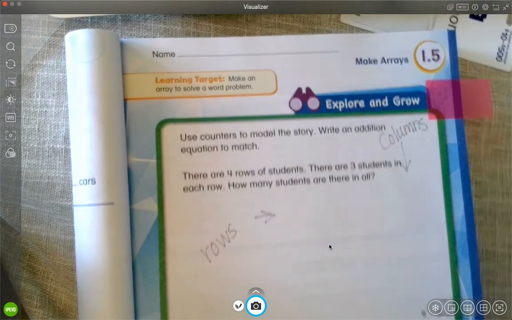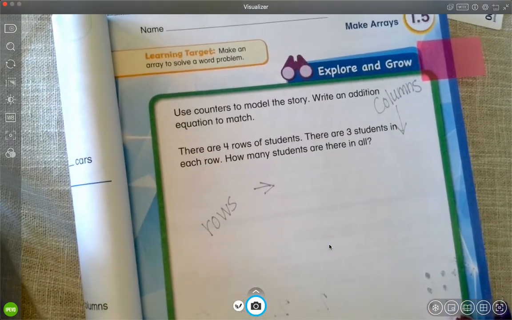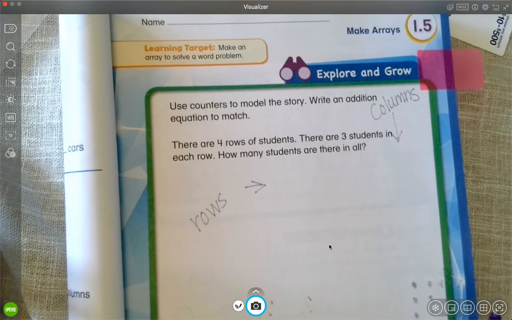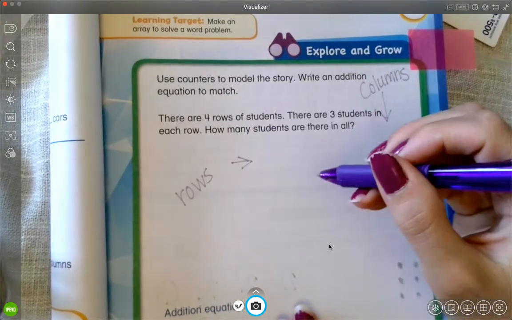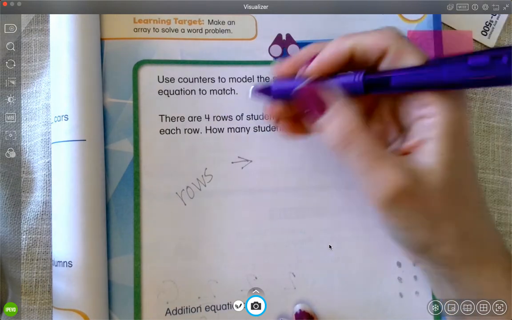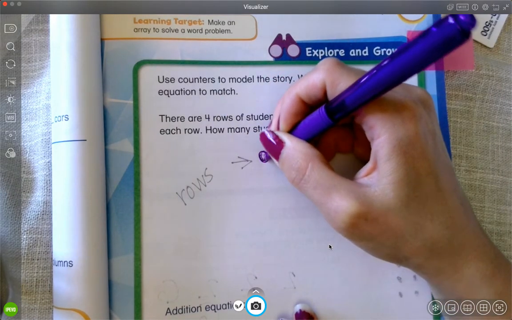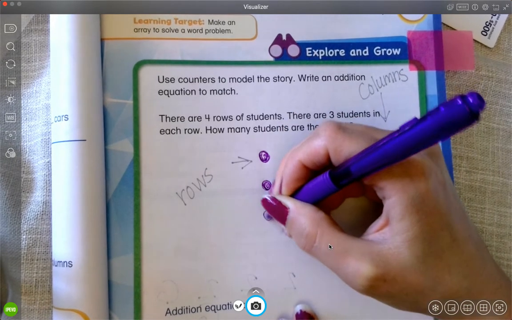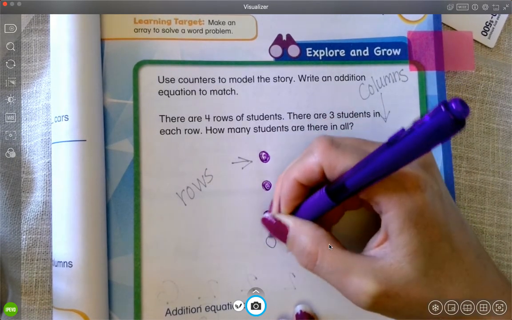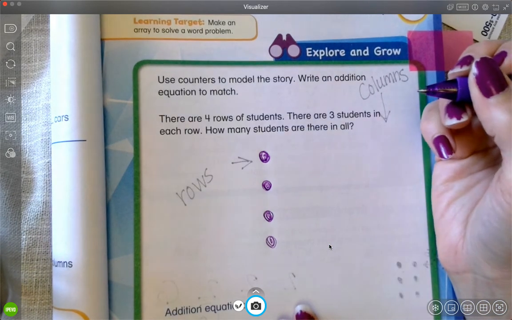Okay, so I'm actually just going to draw this. Okay, so our rows go this way, and we have 4 rows. So this is going to be the start of a row, the start of a row, the start of a row, and the start of a row. Okay?